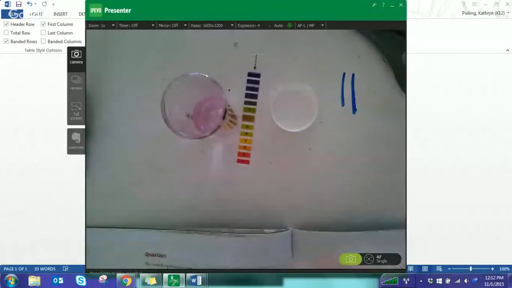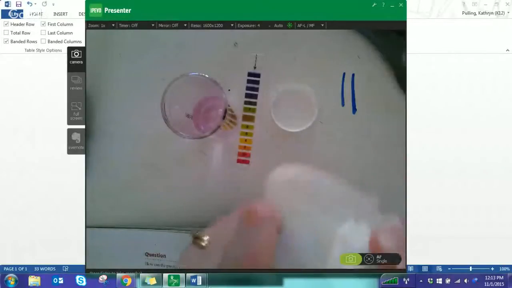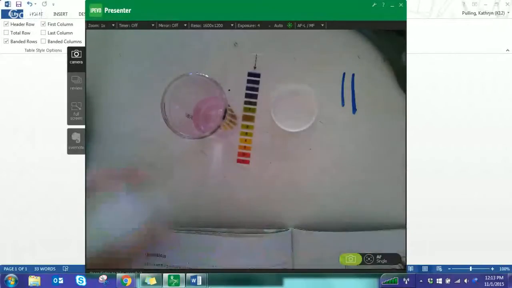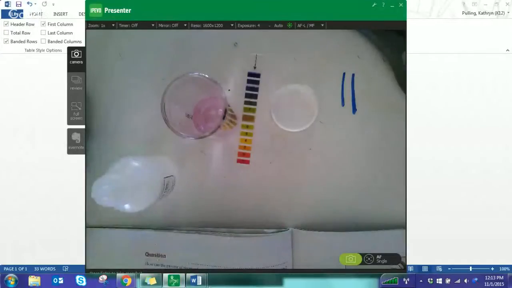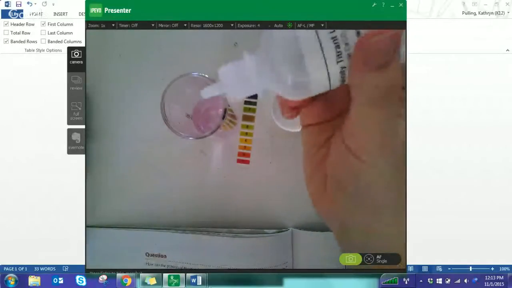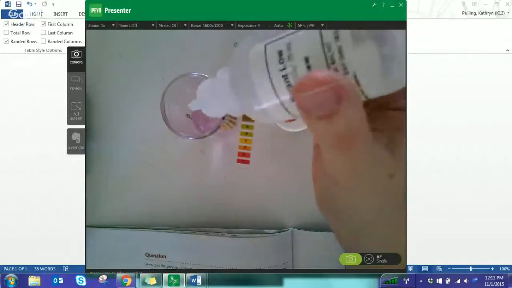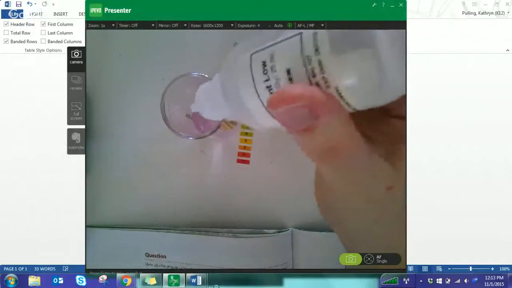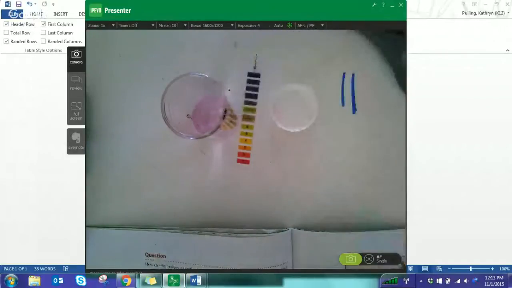I'm just dabbing off this little bubble that I have up top there because I don't want extra in there that I don't necessarily need. All right, now I'm going to try really carefully not to get more than 1 drop this time. There we go, just 1.